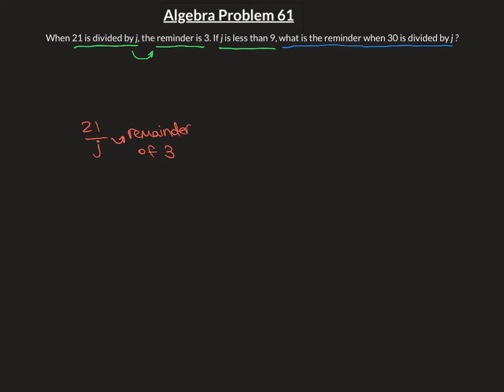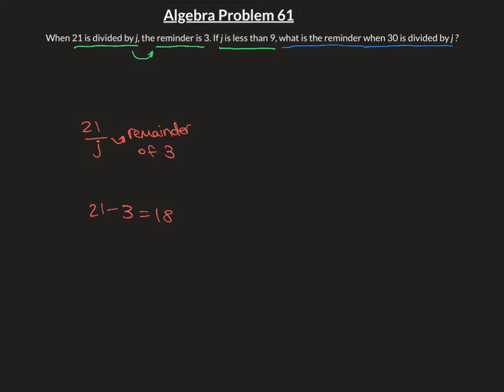Now, what does that mean? That means that j is divisible by 21 minus 3, that's 18. This is because j would have to multiply by a given number to get 18, so that way the remainder would be 3.